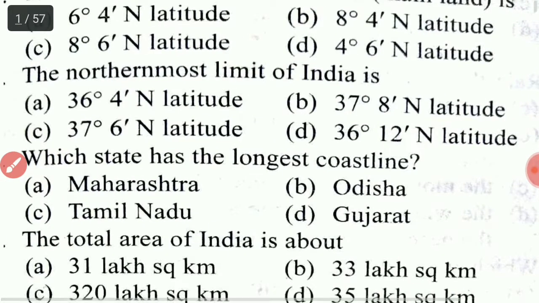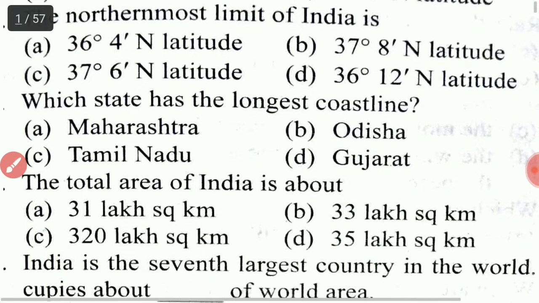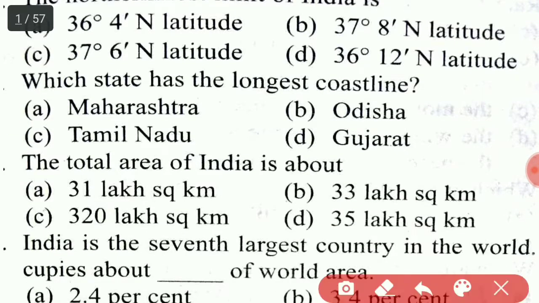Next, the northernmost limit of India is 37 degree 6 minute north latitude. Which state has the longest coastline? The answer is Gujarat.